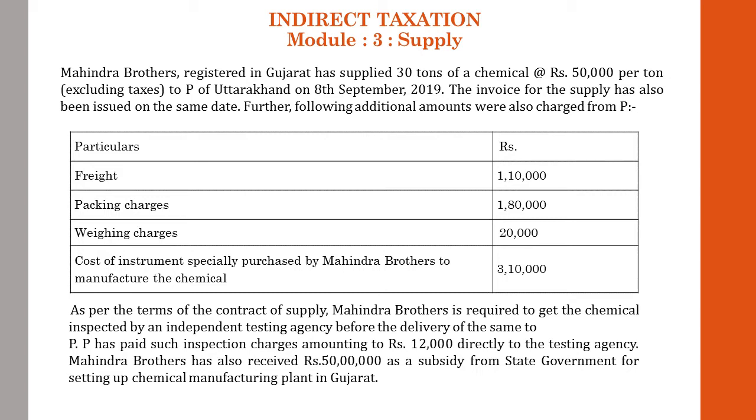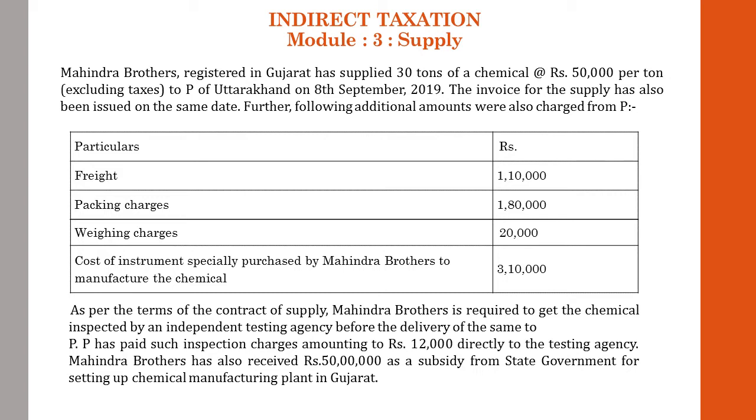As per the terms of the contract of supply, Mahindra Brothers is required to get the chemical inspected by an independent testing agency before the delivery of the same to P. P has paid such inspection charges amounting to rupees 12,000 directly to the testing agency.